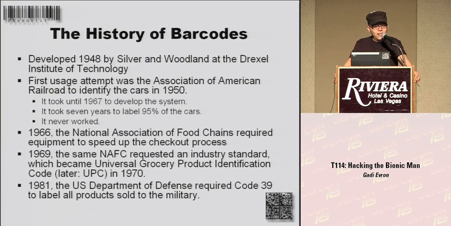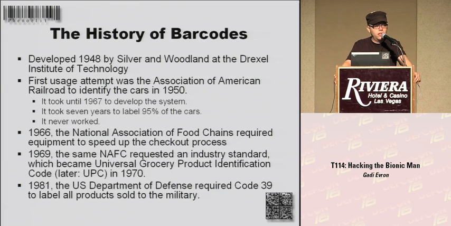However, in 1966, the National Association of Food Chains started to require having barcodes on products to speed up the checkout process so they could make more money. And that usually tends to be a really good driver for technology, either making more money or porn.